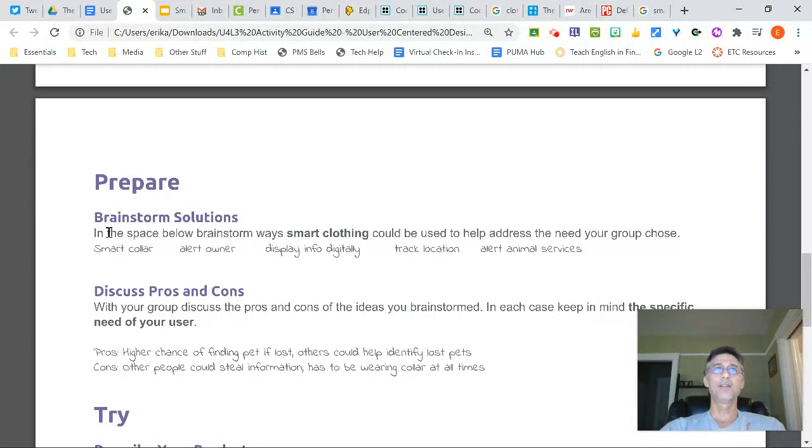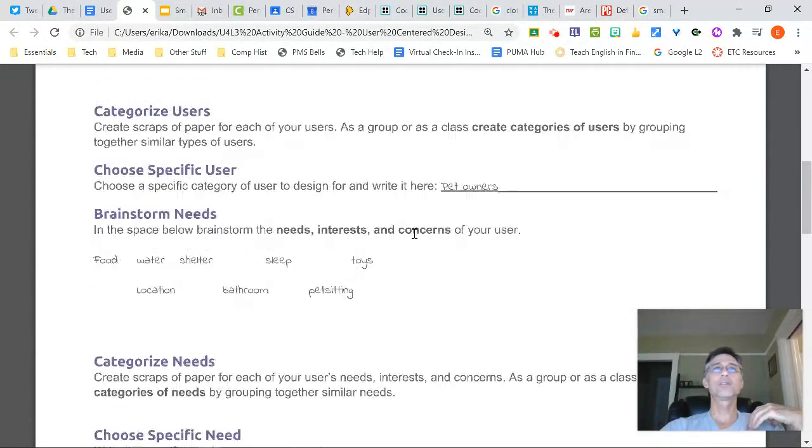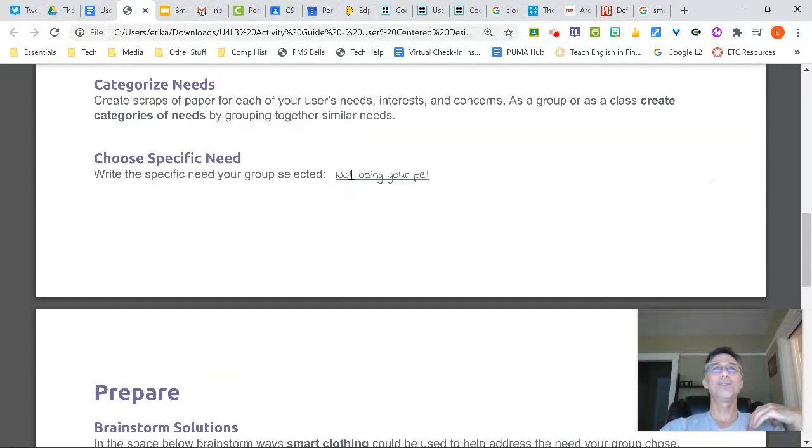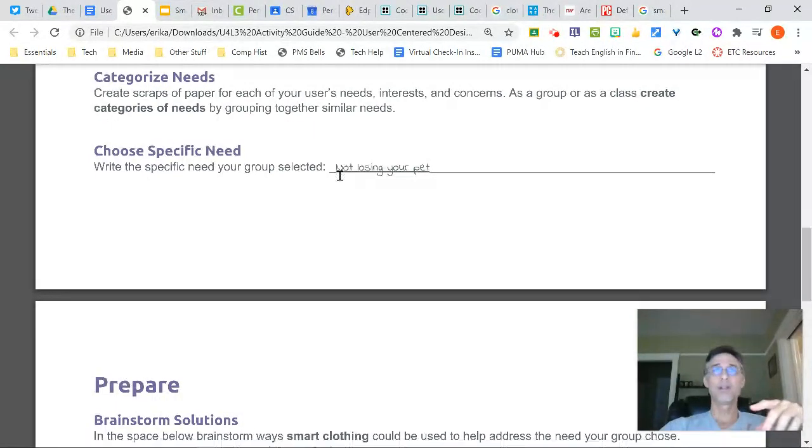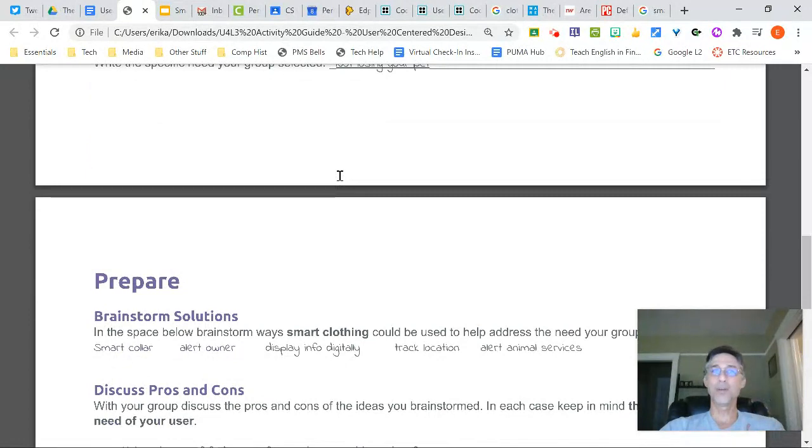Okay. In the space below, brainstorm ways smart clothing could be used to help address the need that you chose. Okay, so if above, it froze. Here it is. If you chose not losing your pet as the main need of the pet owners group, then how would smart clothing help that?